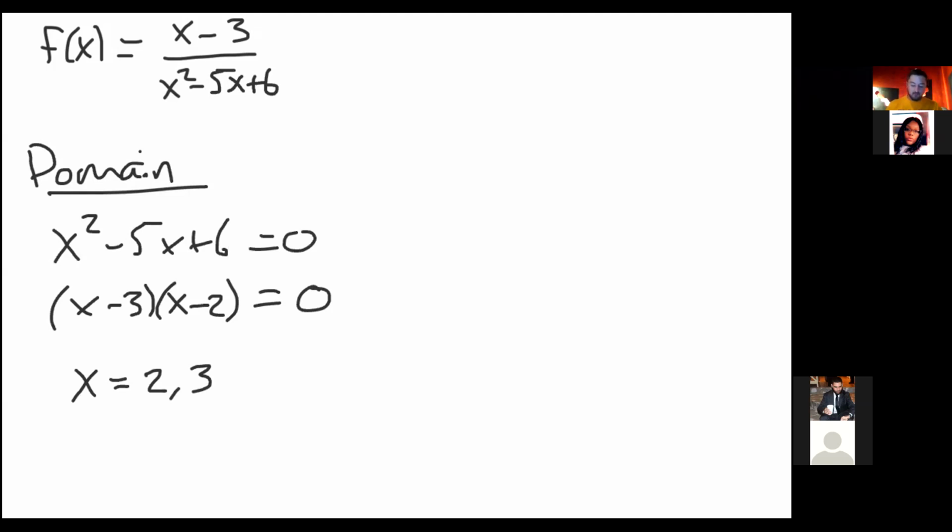So we need to remove 2 and 3, and the way we do that is we say, okay, I can start out as far left as I possibly want and even farther. There's no bound to how negative I can go. And I can use all x values up to the first one that I have to remove. The first one I'd come across coming from the negative numbers would be 2. I'm going to skip over 2.